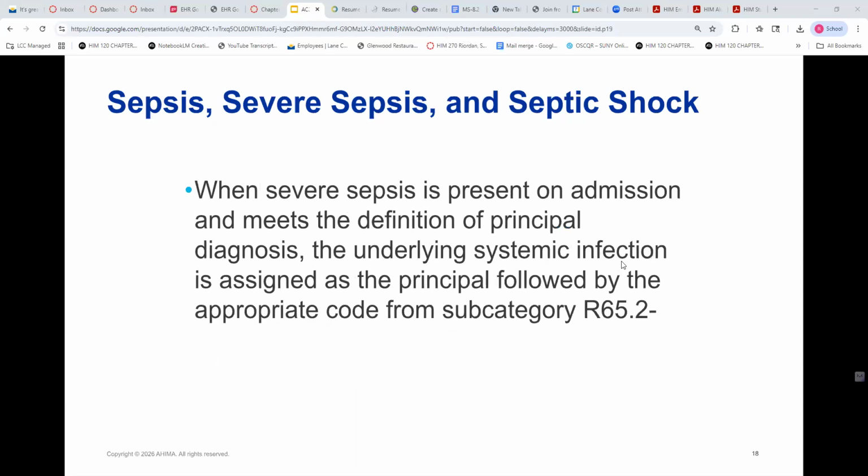When severe sepsis is present on admission and meets the definition of a principal diagnosis, the underlying systemic infection is assigned as the principal diagnosis, followed by the appropriate code from subcategory R65.2. Present on admission means it was here when the patient was admitted.